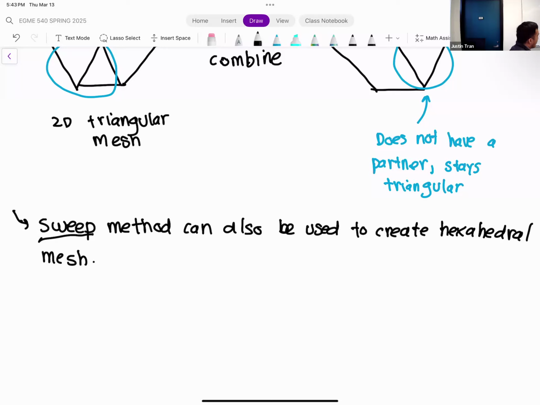It's more of a research thing, or a proof of concept. I think that's a better way to call it. The way the sweep method works is that if you have a surface where you can produce a quadrilateral mesh, you can then sweep that forward through a volume and create a hexahedral mesh with that same stencil.